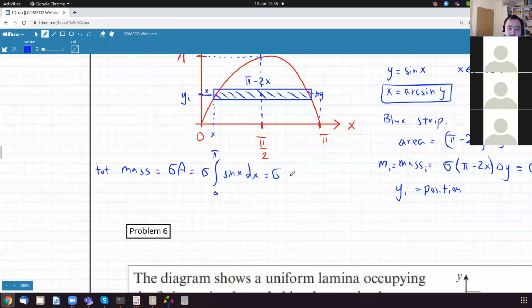So that's sigma, the integral of sine is minus cosine x, from 0 to pi, and that is sigma times minus cosine pi, which is minus minus 1, minus minus 1.